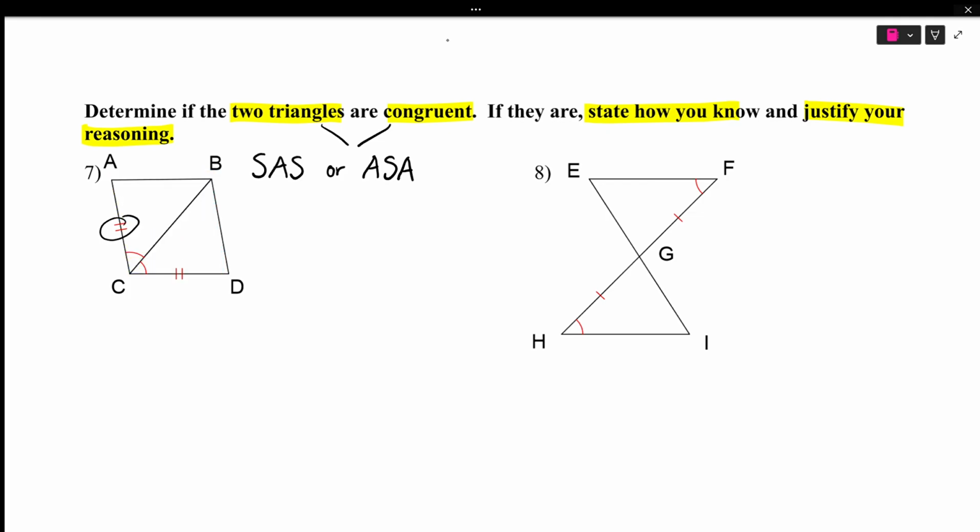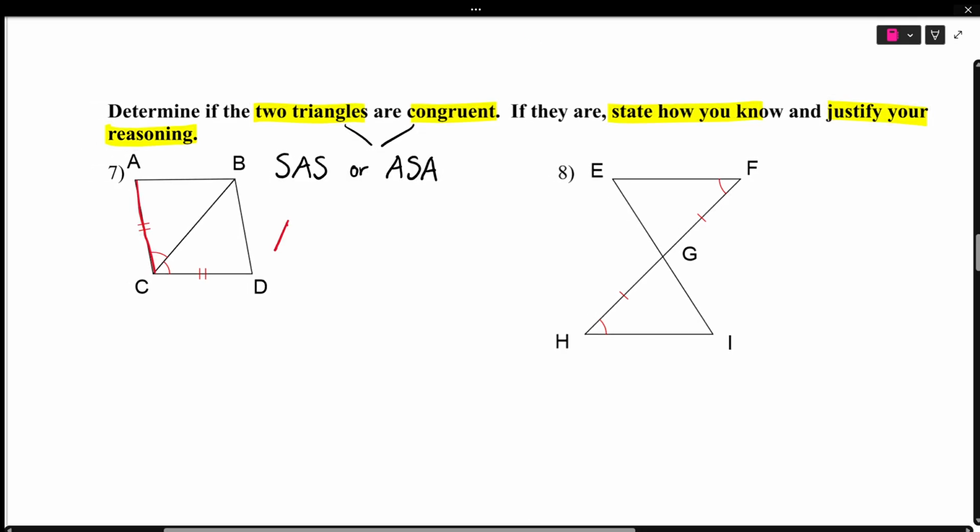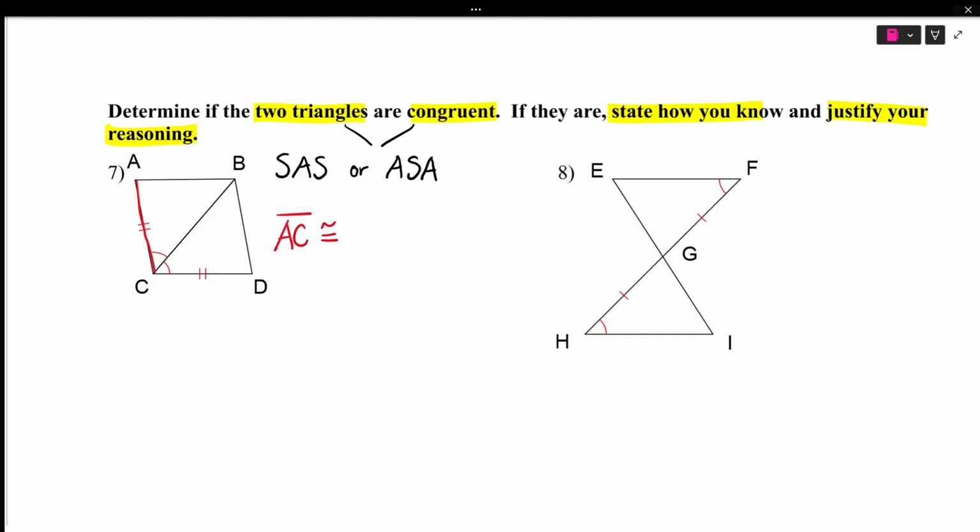I see some marks here for the sides, and a couple of marks for the angles. So let's start with this side. I'm going to start with AC. AC is congruent to, on the other triangle, what other side has 2 marks? It's going to be DC. AC is congruent to DC.